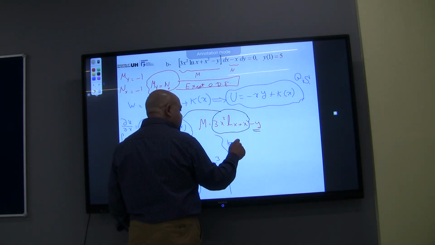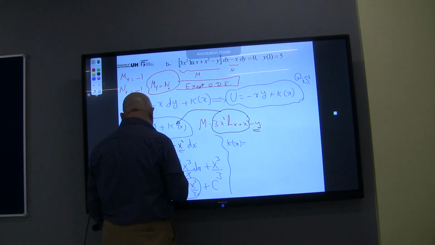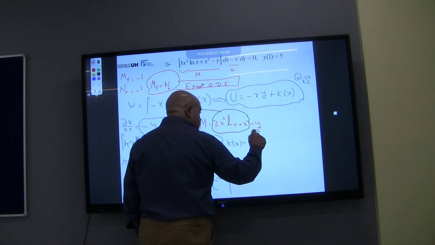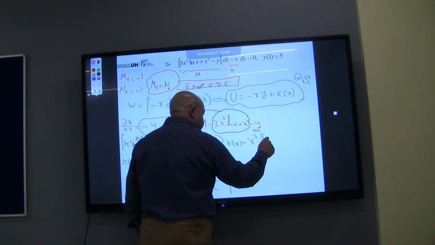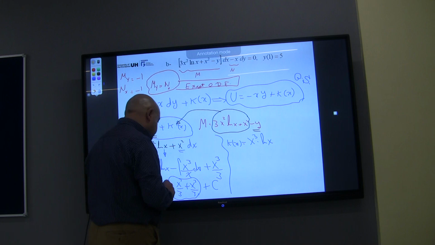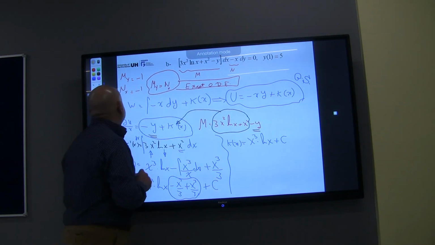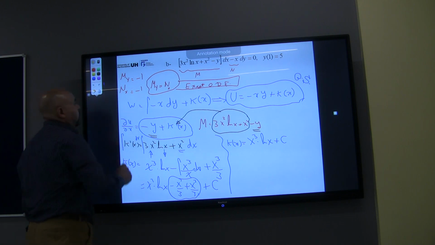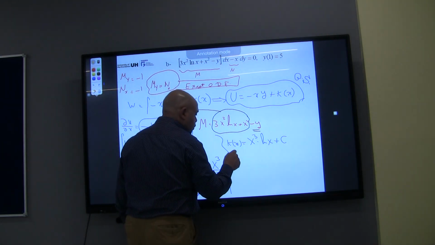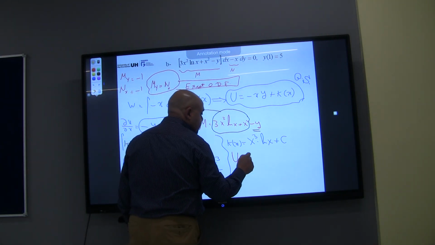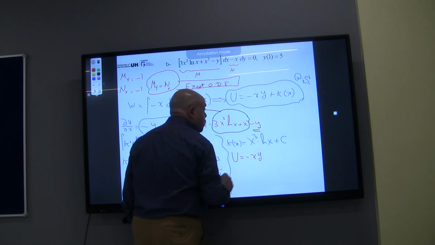Now I know that k of x is going to equal x to the power of 3 times ln x plus a constant. So the solution for the time being is that this expression equals negative xy.